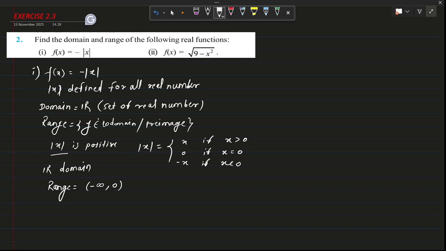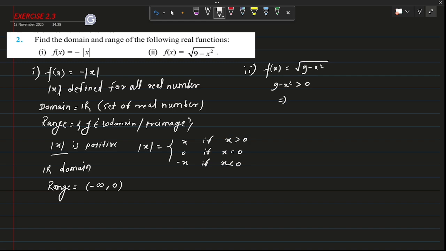Then for the second one, you have to find the domain and range. The given function is f of x equal to the square root of 9 minus x square. Since it is in the square root, 9 minus x square must be non-negative.